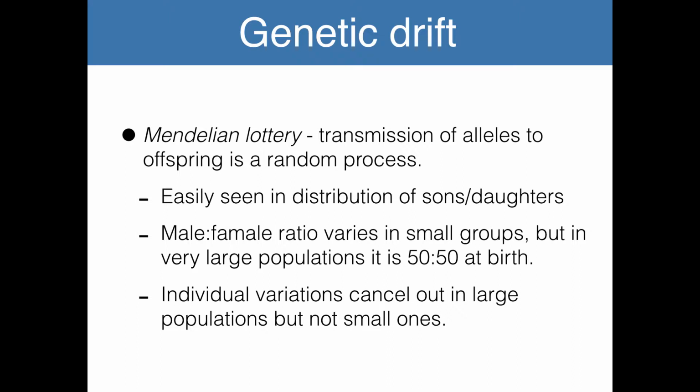So genetic drift is driven by this process that is known as the Mendelian lottery. The transmission of your genes to your offspring is a random process. It's a 50-50 chance whether you inherit a chromosome from your mother or your father.